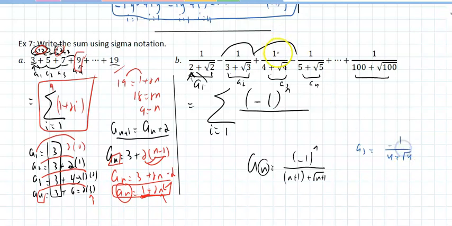The third term on the list is positive, not negative. Well, easy fix. If that's the case, remember, you're going to replace n by I. So that's going to be negative 1 to the I plus 1 over I plus 1 plus the square root of I plus 1.